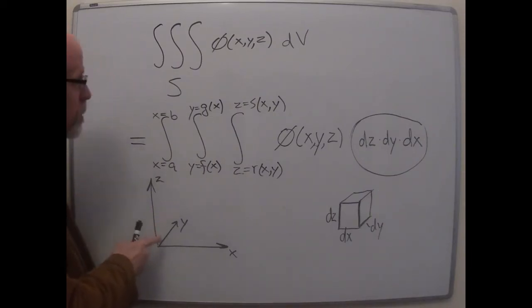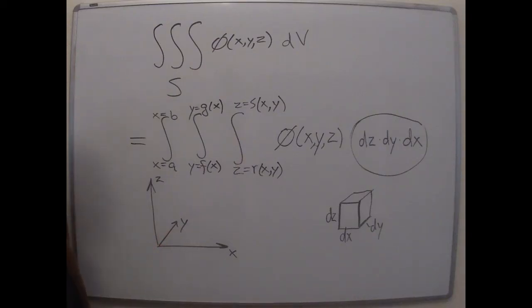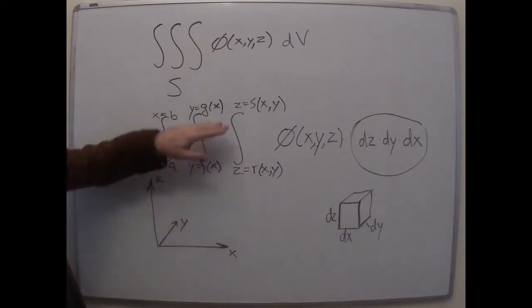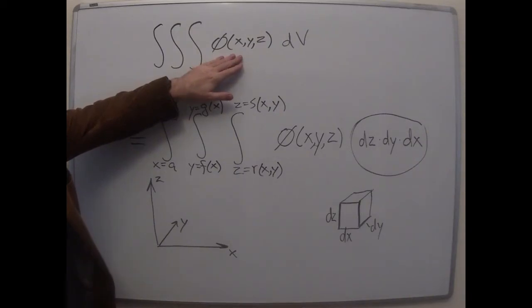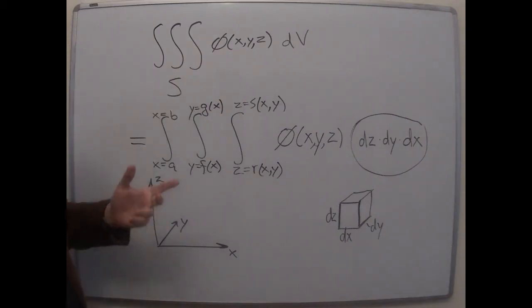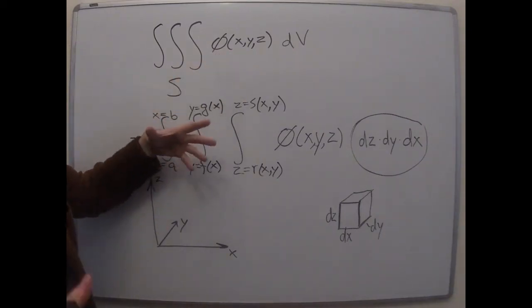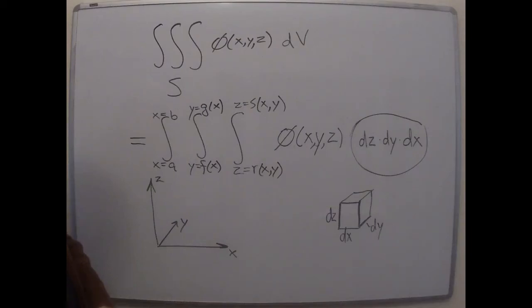But in certain circumstances, it's not the coordinate system you want to use. Let me give you an example. Suppose I was trying to figure out the total mass of the sun. There's a density function for the sun, which we actually know, just from theory. We know that the solar matter gets denser as you go in, because it's under pressure from more and more mass lying above it.